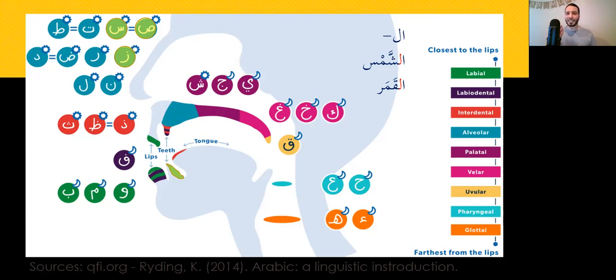As-samawat, there's a shadda on the sin, right? So I'm not pronouncing al. I cannot say al-samawat, it is so uncomfortable. If you try to say it, al-samawat, right? But if you say as-samawat, it is much easier, it's smoother. So that's why it's made like that.